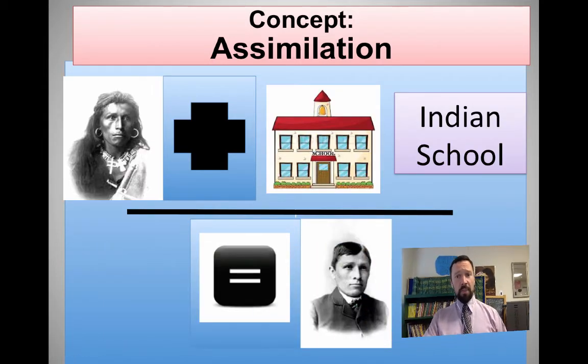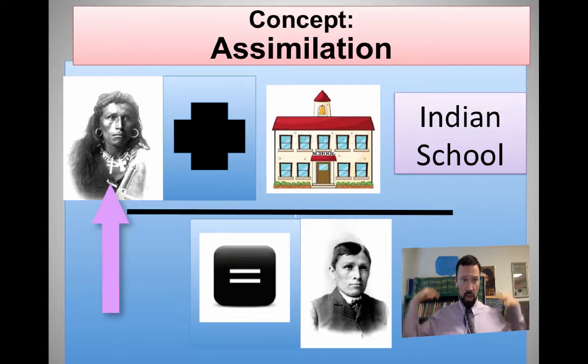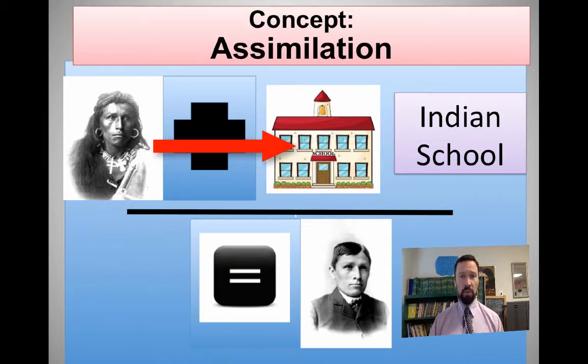So this idea of assimilation, I'm giving you an example here with what's called an Indian school. You have the Native American on the left-hand side of the page, who's got his long hair and his jewelry and earrings, and he's very dark looking. They put him through an Indian school, basically the white school, and he comes out.